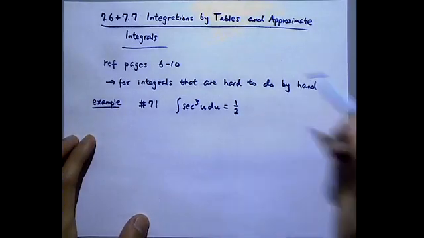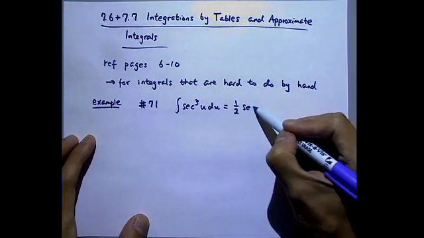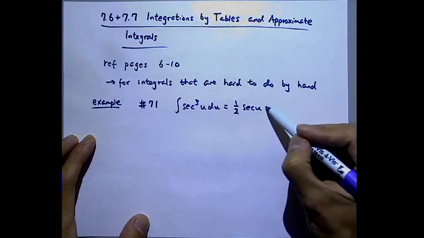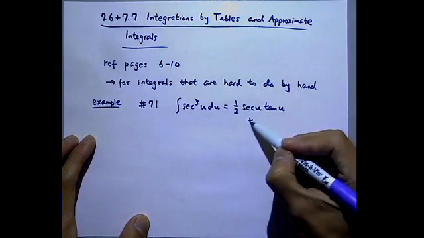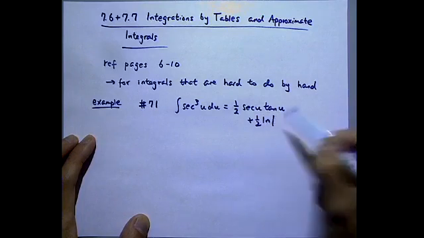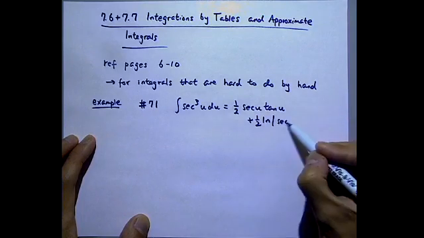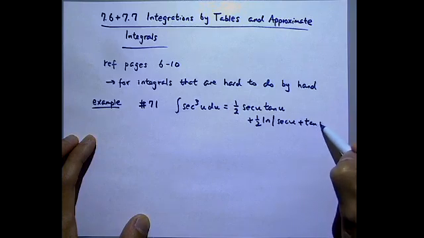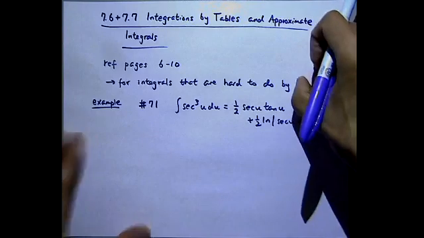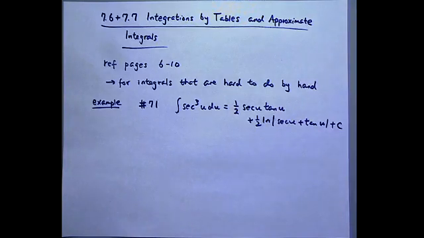And according to the table, it's 1/2 secant u tangent u plus 1/2 natural log of secant u plus tangent u plus c. So back then I told you this is the kind of thing that you would look up, and it is in the table here.